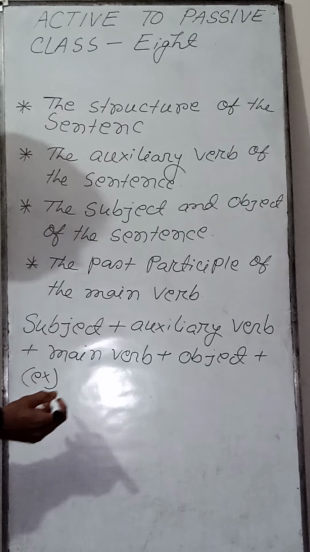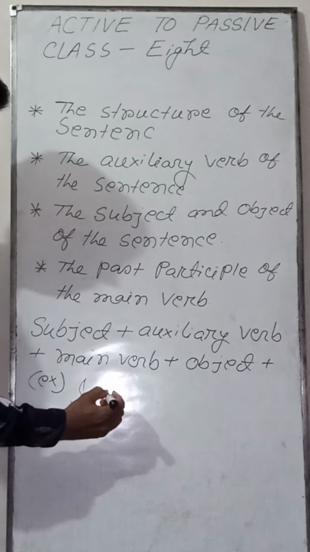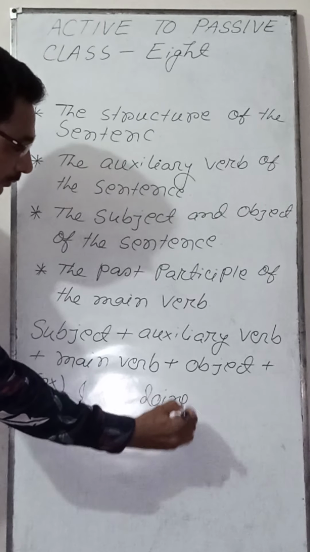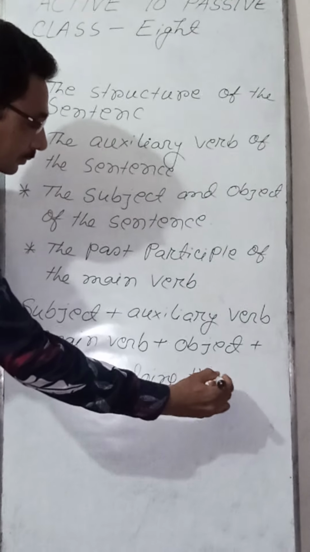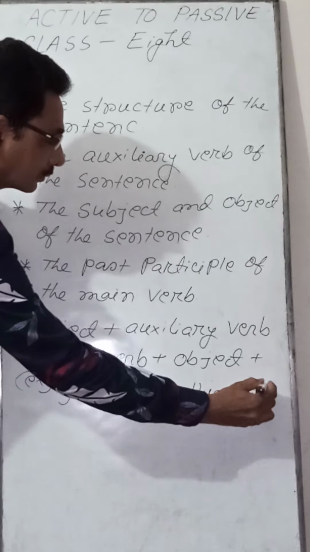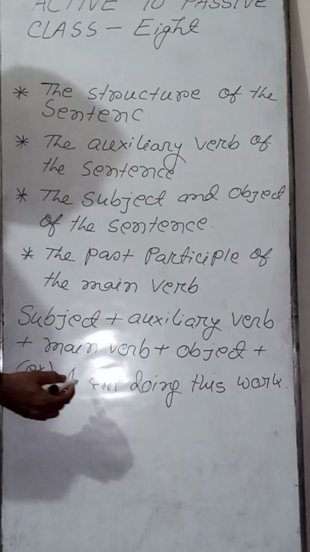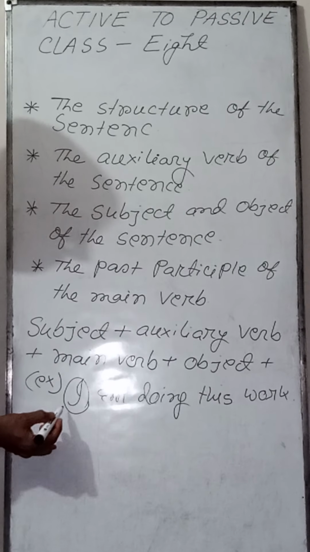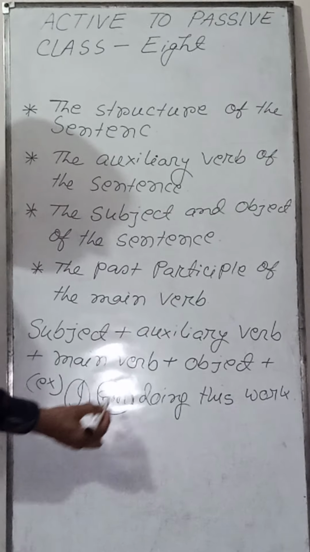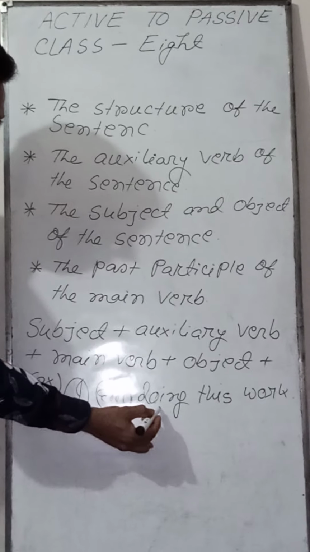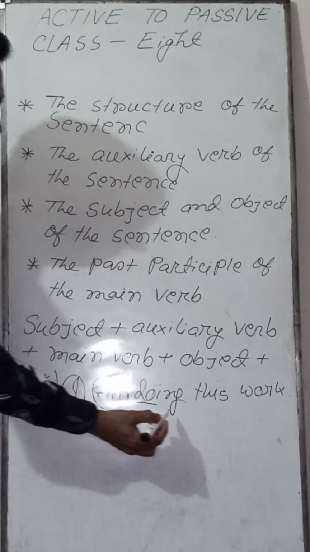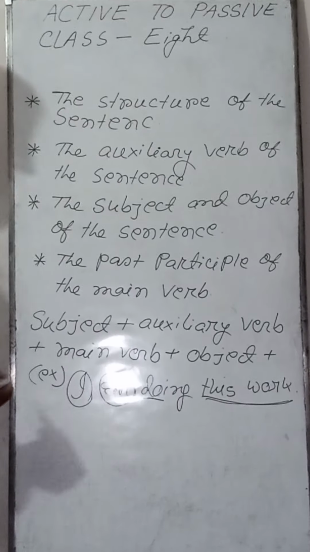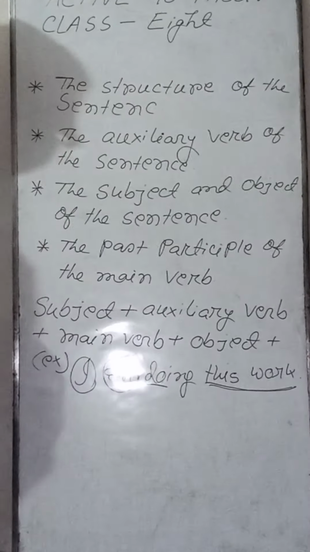For an example, this is a sentence. Here, I is the subject, am is an auxiliary verb, do is the main verb, and this word is the object.